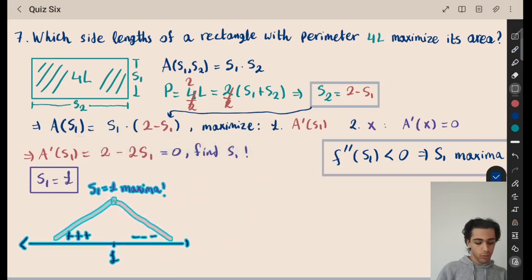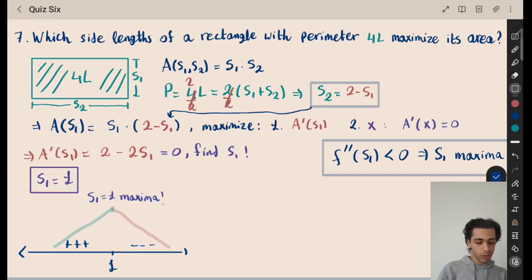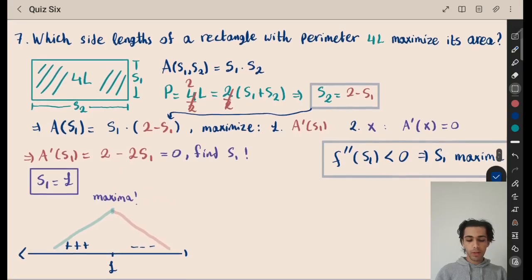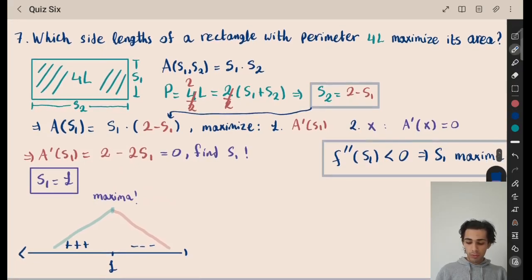Okay, we're almost there, because we want the side lengths. So if S1 is equal to 1, then S2 is equal to 2 minus S1, so it's equal to 2 minus 1, which is equal to 1.